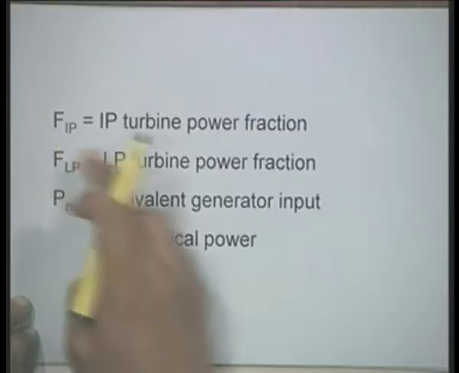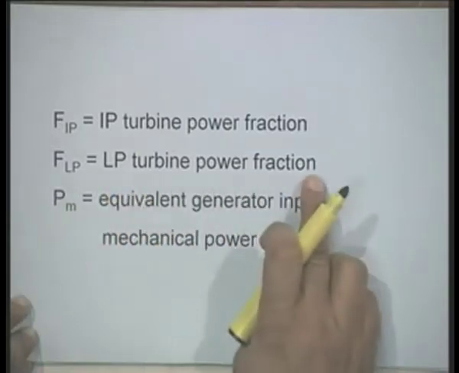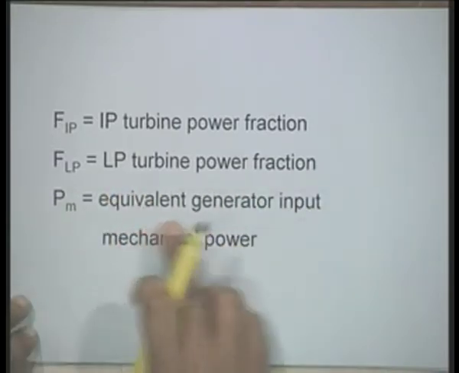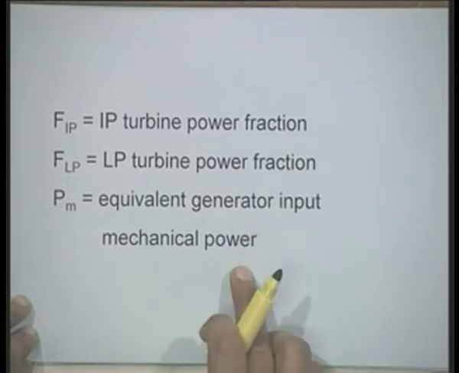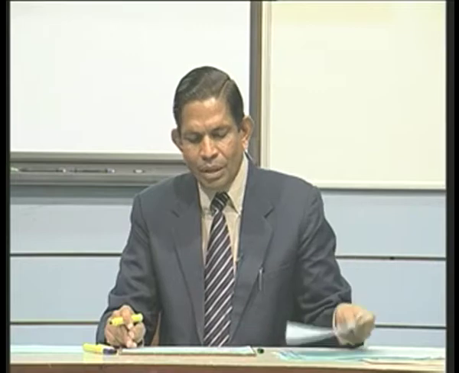Now, similarly, FIP stands for IP turbine power fraction, FLP is the LP turbine power fraction, PM is the equivalent generator input mechanical power. That is the mechanical power input which we have been talking about. Now, the three differential equations can be written in this simple form.